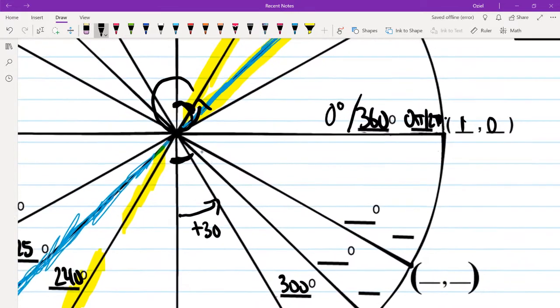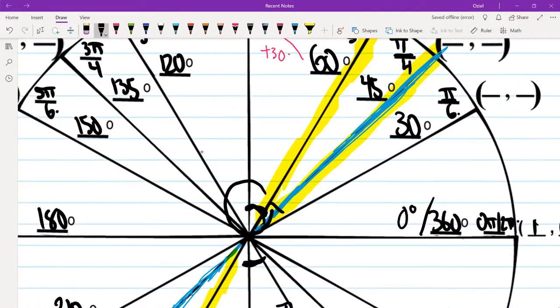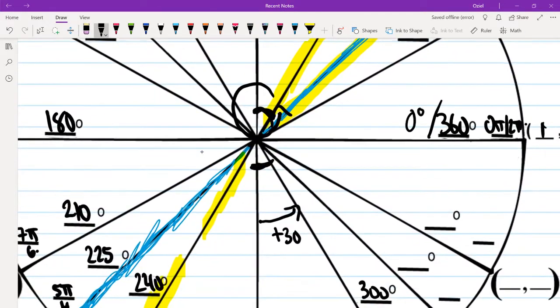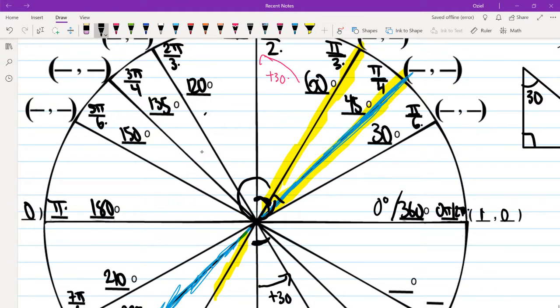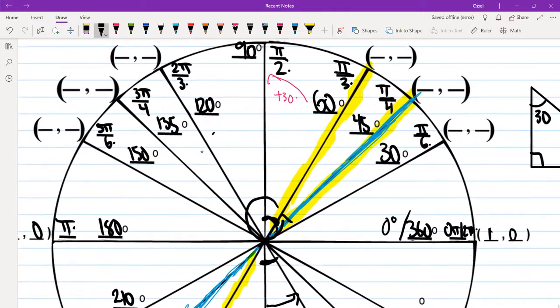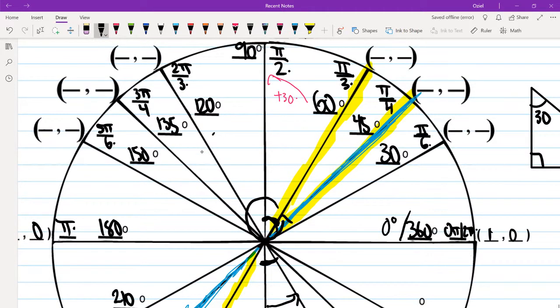And then you know that the corresponding angle for this one, for 5 pi over 3, would be 2 pi over 3, and it's going again in the counterclockwise direction.